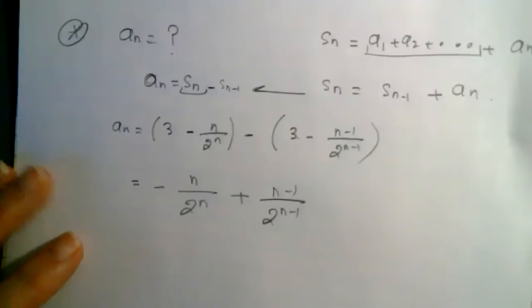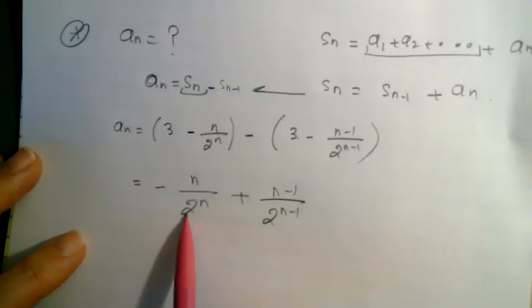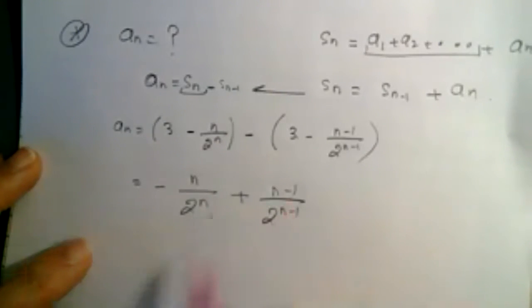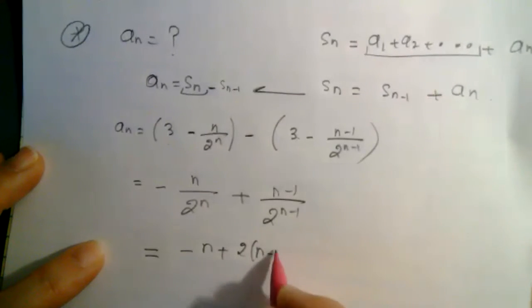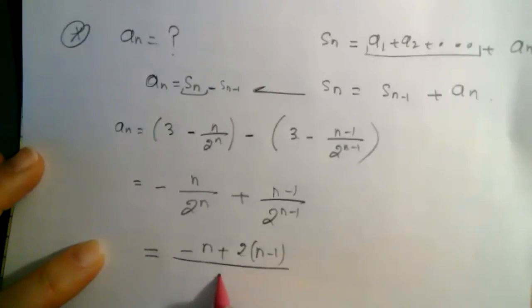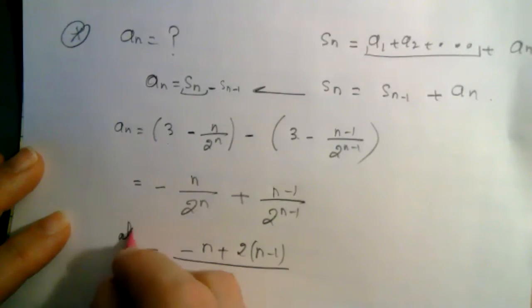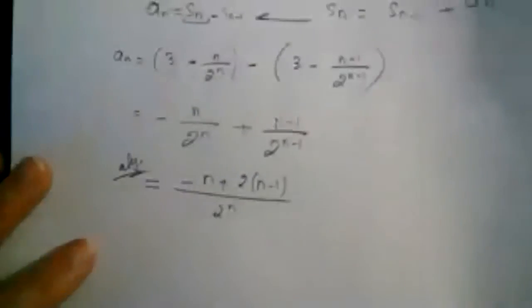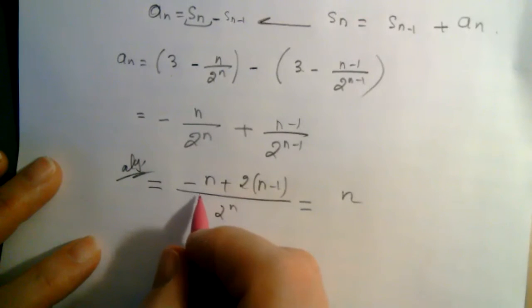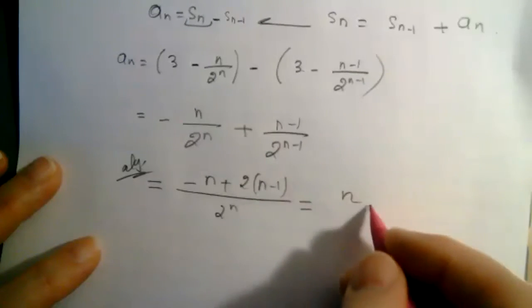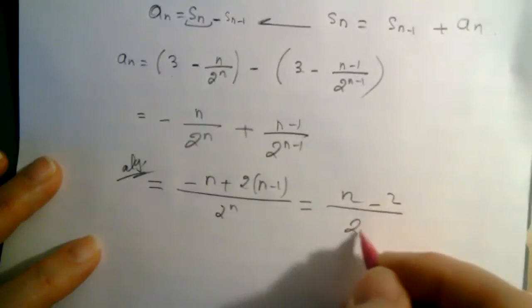And the rest, you do a little bit of algebra. The common denominator is going to be 2 to the n. So finally, you're going to get minus n plus 2 times n minus 1 over 2 to the n. That's algebra at this stage. And you get the answer: 2n minus 2 minus n, over 2 to the n.